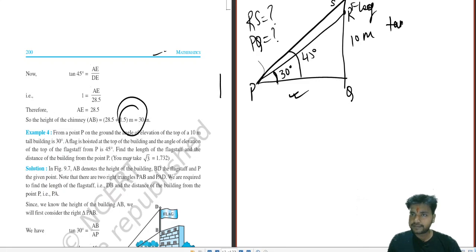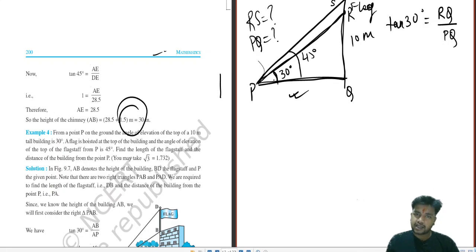Tan 30 degree is equal to RQ by PQ. Look at this. If this is tan 30, okay, we are taking this triangle. So in this triangle, angle 30 degree over here is helpful for RQ and PQ since we have the full value of RQ. We don't have the value of SQ because SR is missing.